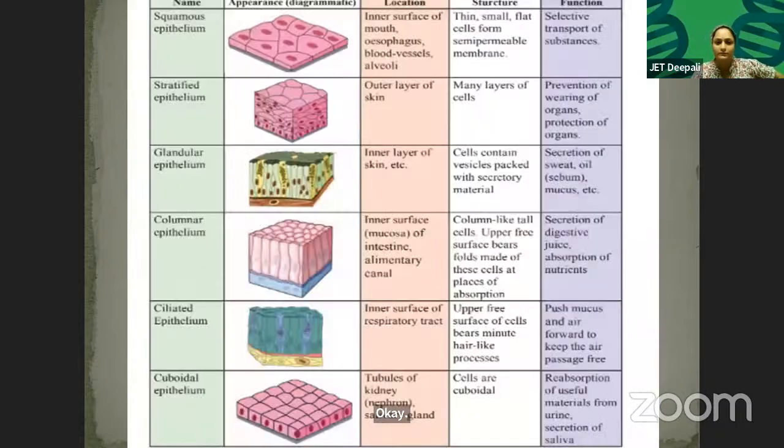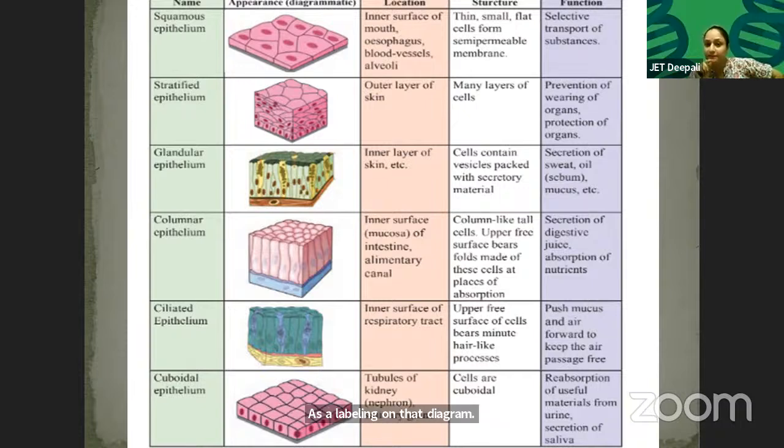Now, from the last slide, draw the diagram of these tissues. What I used to do in my student life is draw the diagram and write every important thing as labeling on that diagram.